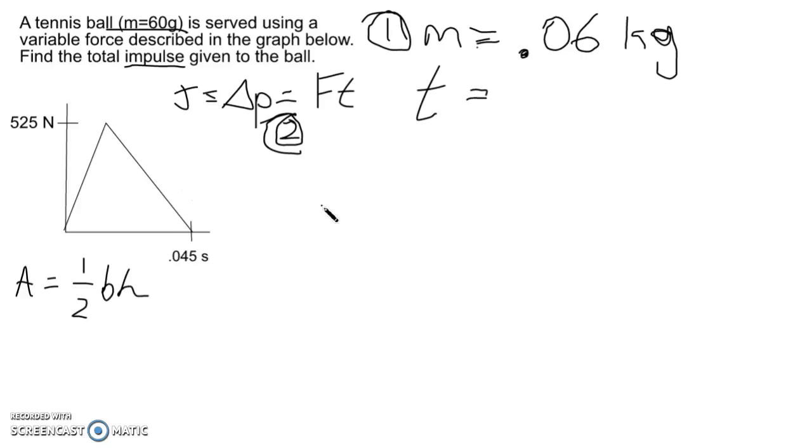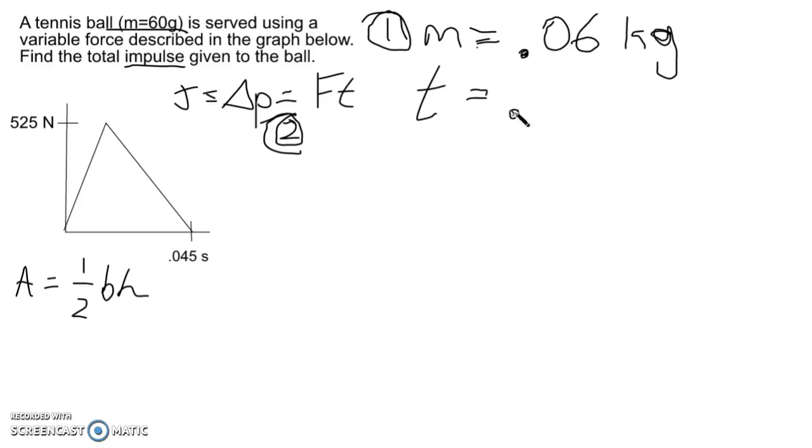I'm just going to find the average force and multiply that by the time. But another way would be to multiply 525 times 0.045 and multiply that by 1/2. It's the same thing in a different order.